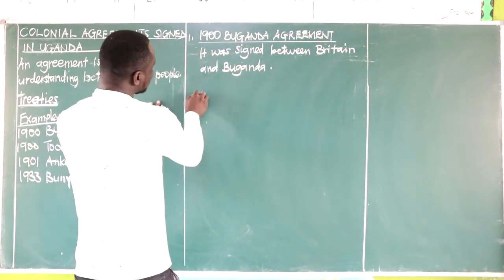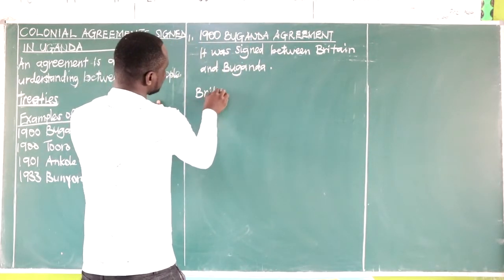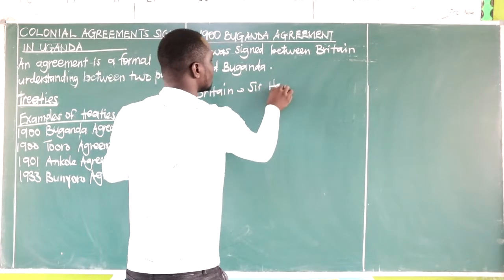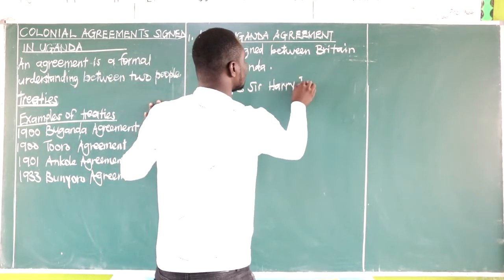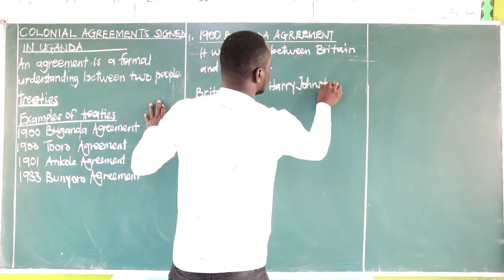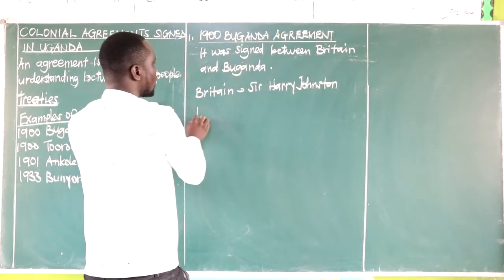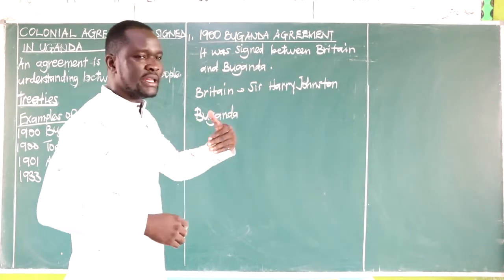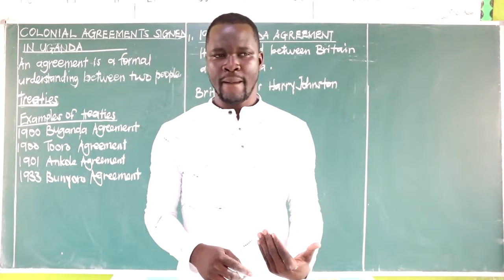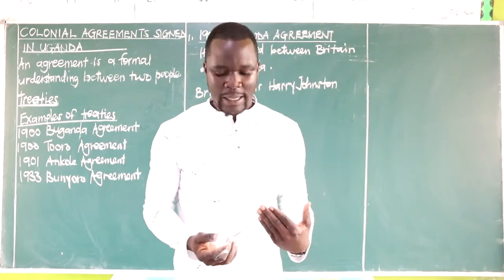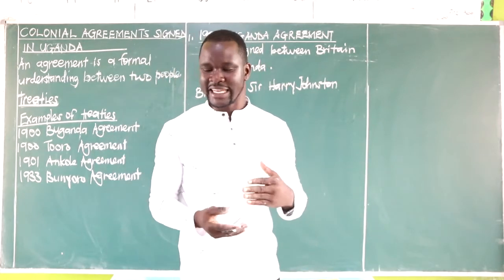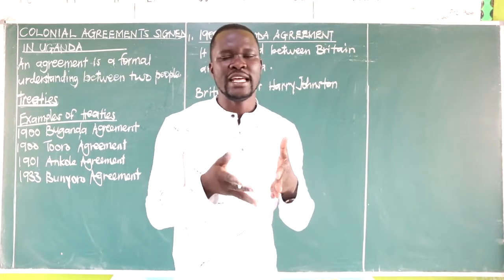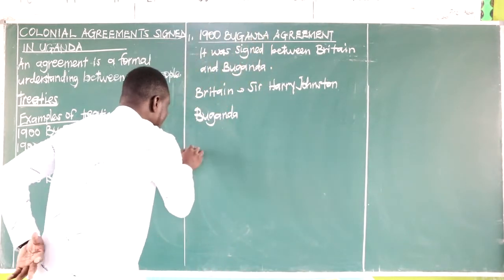Britain was represented by Sir Harry Johnston, whereas Uganda as a kingdom was supposed to be represented by their king, the Kabaka, who by that time was Kabaka Daudi Chwa.